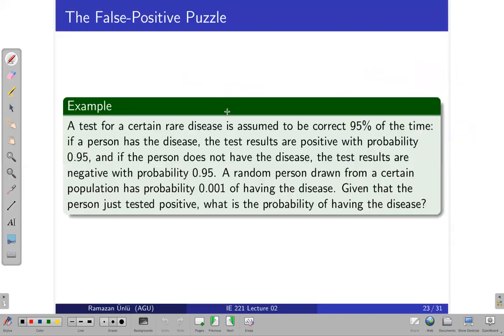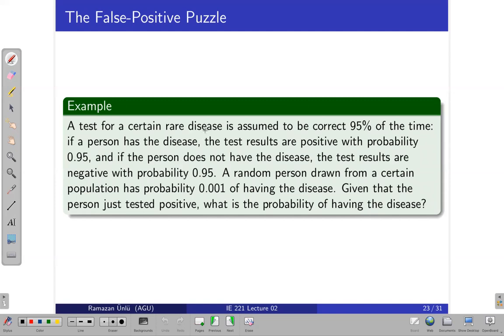So let's look at another example. A test for a certain rare disease is assumed to be correct 95% of the time. If a person has the disease, the test results are positive with the probability of 0.95, and if the person doesn't have the disease, the test results are negative with the probability of 0.95.